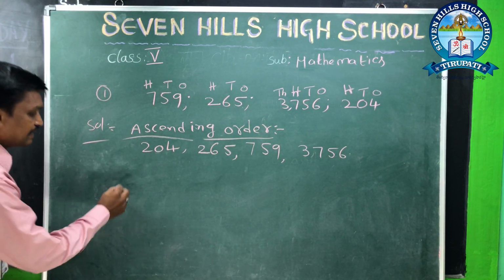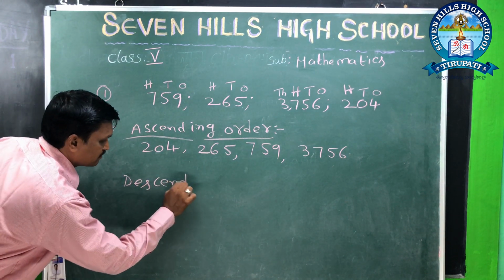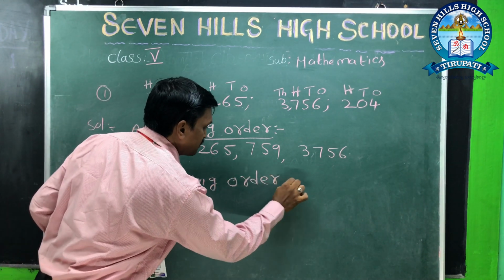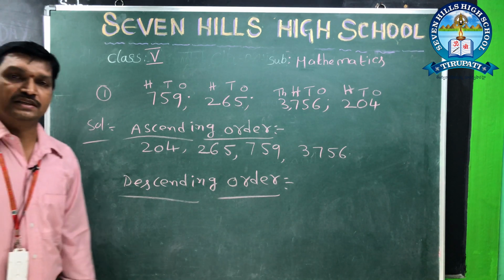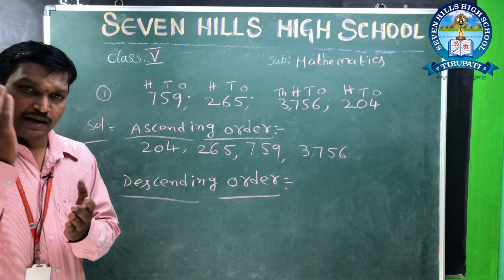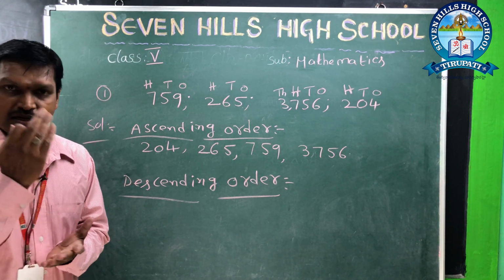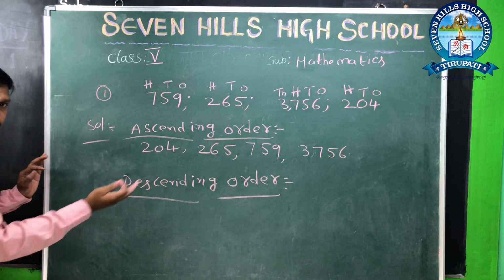Now, descending order. Descending order means we arrange the numbers from the biggest to the smallest.